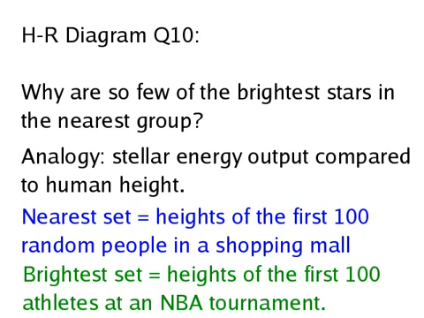If you were just counting a random sample of stars in any given area of space, you'd probably have to count 1,000 stars, and then you might have 2 or 3 really bright ones in there. The same thing with a shopping mall. You could have an entire shopping mall full of people, only 2 or 3 guys that are 7 foot and higher. So that's sort of the thinking here for this particular question.